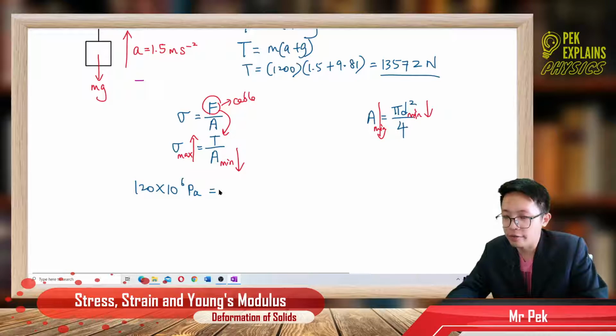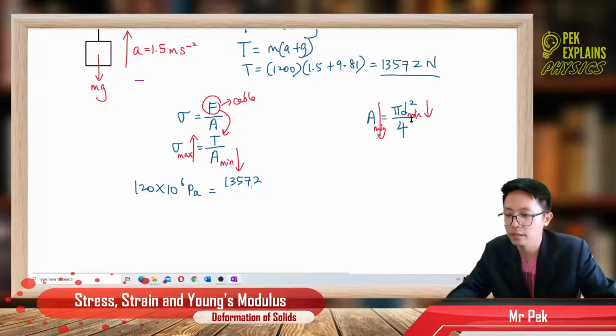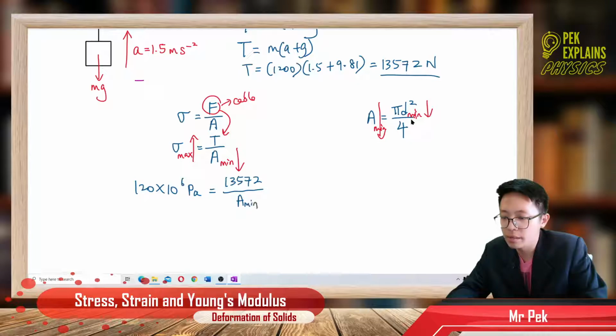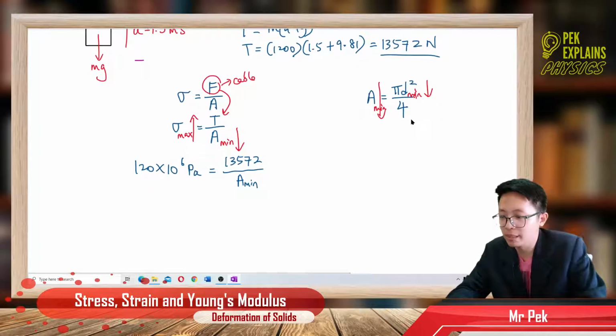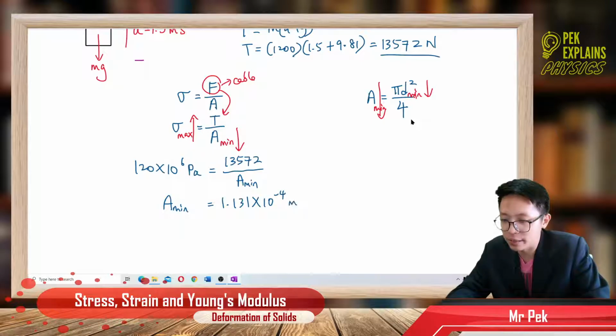So now tension I already have, 13572. That's the tension there. And I can find the minimum area. What's my minimum area? Amin is 1.131 exponent -4 meter square. That's the minimum area.